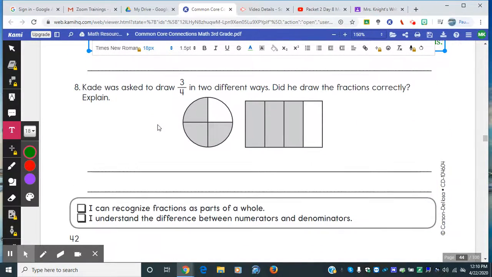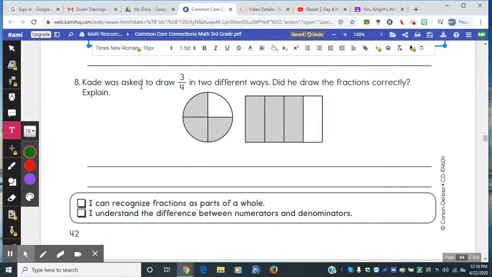Number 8, Cade was asked to draw 3/4 in 2 different ways. Did he draw the fractions correctly? Okay, so 3/4 tells me that there should be 3 colored pieces because that's what my numerator means, and my denominator means there should be 4 pieces in all. So let's check.